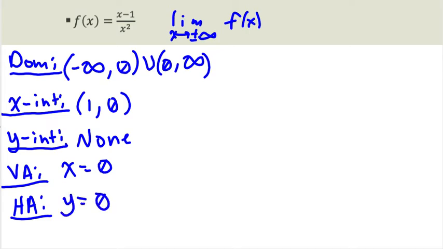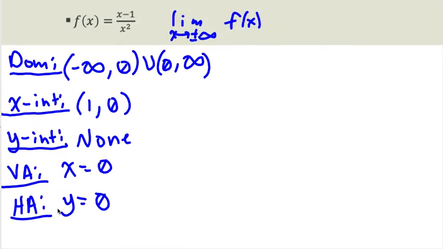So vertical asymptote at x equals 0, horizontal asymptote at y equals 0. That tells us our end behavior: as we get really far out in the positive or negative direction, the function is approaching 0. It might be approaching 0 from above, from the positive side, or from below, from the negative side, but it is still approaching 0.